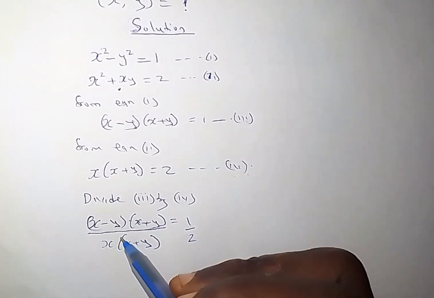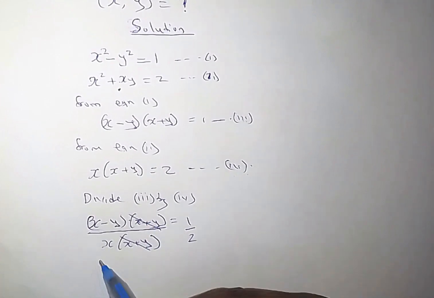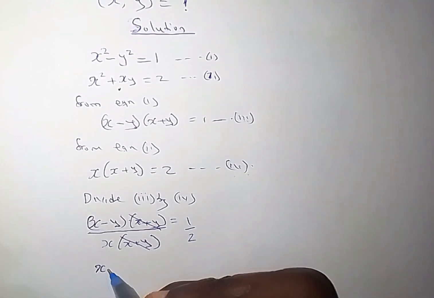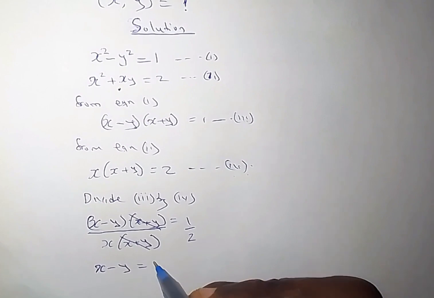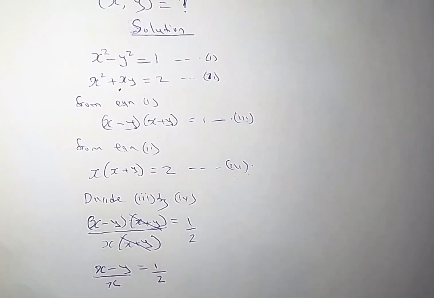So this one will go with this. If this one goes with this, I'm left with x minus y over x equals 1 over 2. So this is what I'm having.